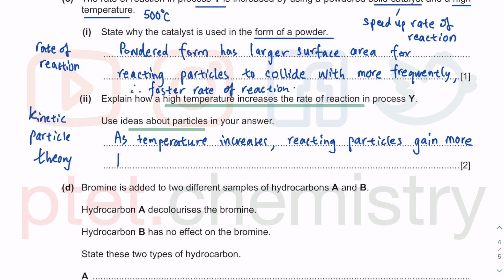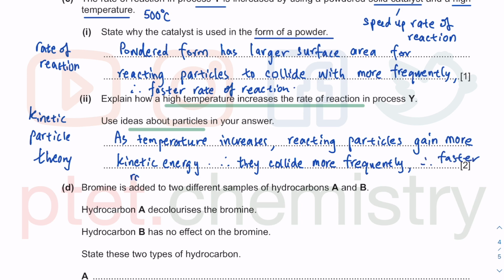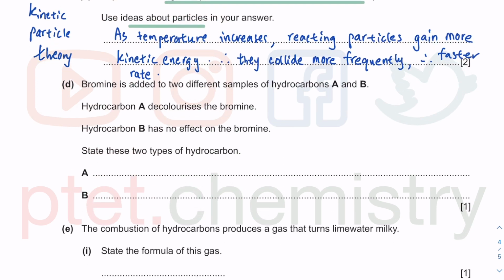So we have to focus on the term kinetic energy as the question asks us to talk about kinetic particle theory in chemistry. When you gain more kinetic energy, the reacting particles can collide more frequently. And when they collide more frequently, therefore a faster rate of reaction, or the rate of reaction would increase there.